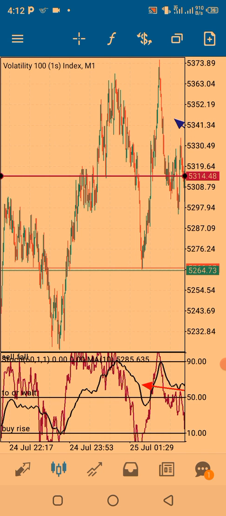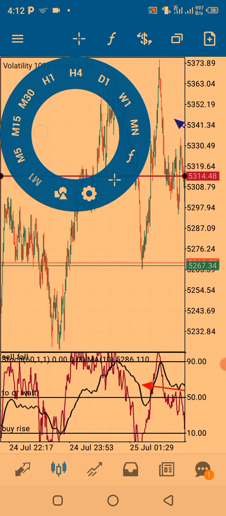So what I'm trying to say here is the time you should use once you see the swing, once you see a crossing, whether the stochastic is crossing the moving average at level 10 or at level 90 only. The main chart should be the 1 minute time frame, please.